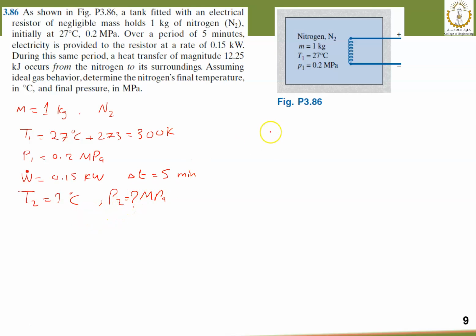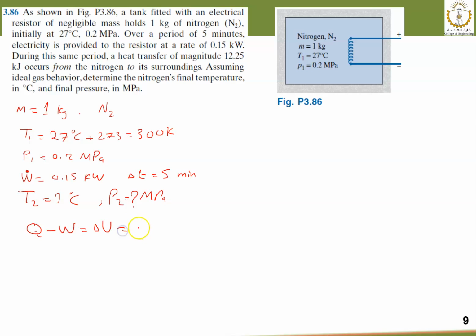All right. So for nitrogen and for any ideal gas, we either use constant specific heat or the tables. So let's solve with both methods. We have the energy equation Q minus W equals delta U, and the kinetic and the potential energy changes are negligible.